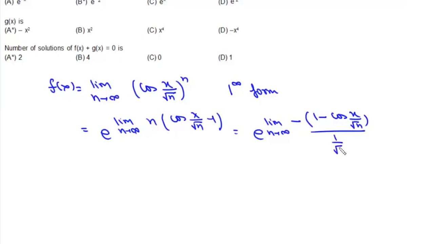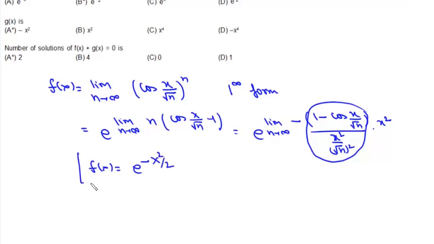So we'll write this as under root n square, and then we'll multiply and divide it by x square. Now this is a standard limit. This is 1 minus cos x upon x square, which is 1 by 2. So basically this function f(x) will be e to the power minus x square by 2. So that's our function f(x).